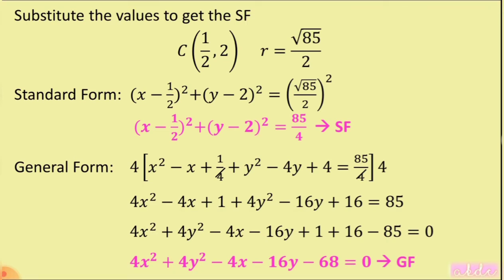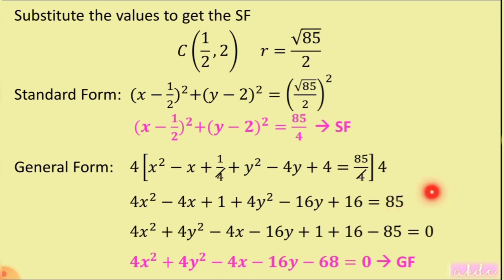So distribute 4. 4 times x squared is 4x squared. 4 times negative x is negative 4x. 4 times 1/4 is cancel 4, remain 1. 4 times y squared is 4y squared. 4 times negative 4y is negative 16y, and then 4 times 4 is 16 equals 4 times 85 over 4, cancel 4, so we only have 85.